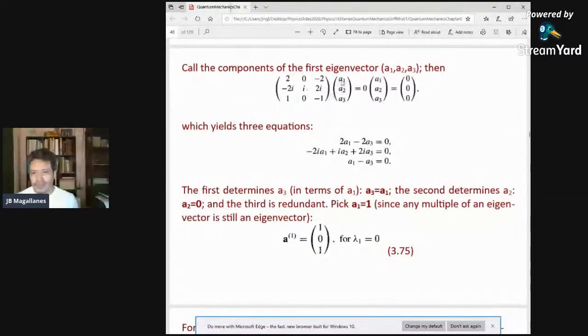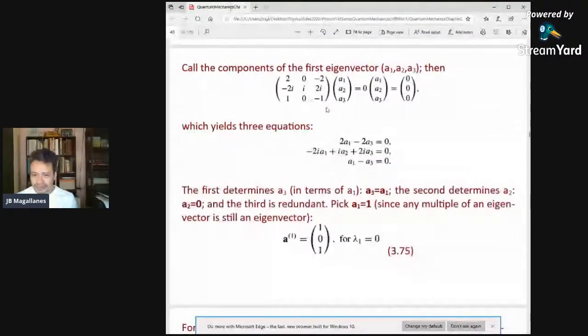You have a1 times 2, which is this one, and then a2 times 0, so there's a 0 here, and a3 times negative 2. So your first equation would be 2 times a1 minus 2 times a3 equals 0, because multiplying this row by the column gives you 0.